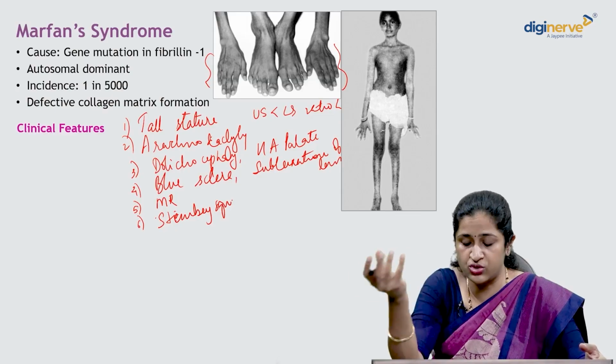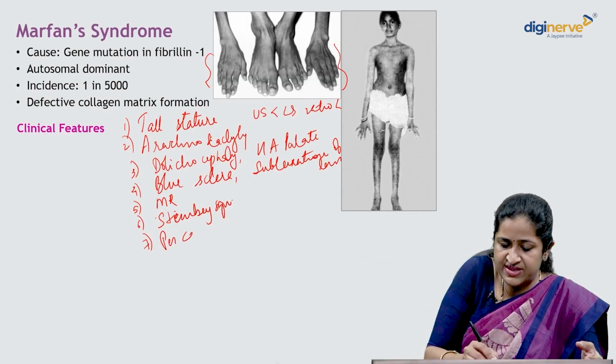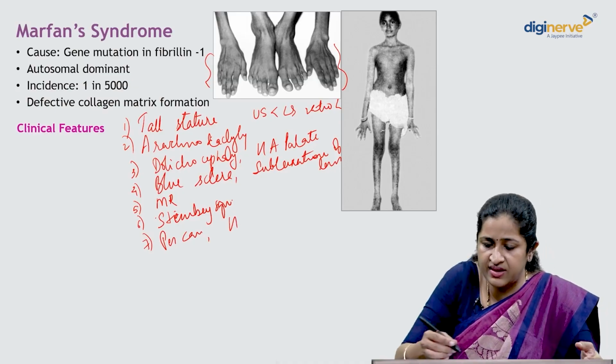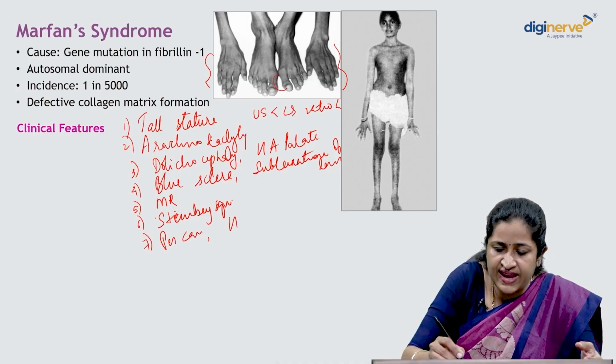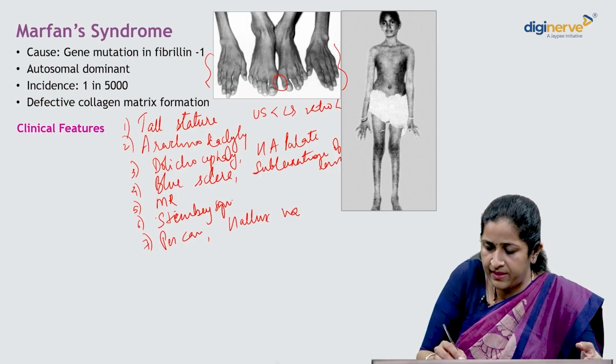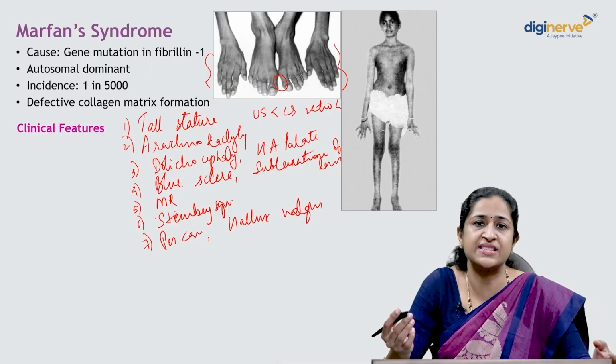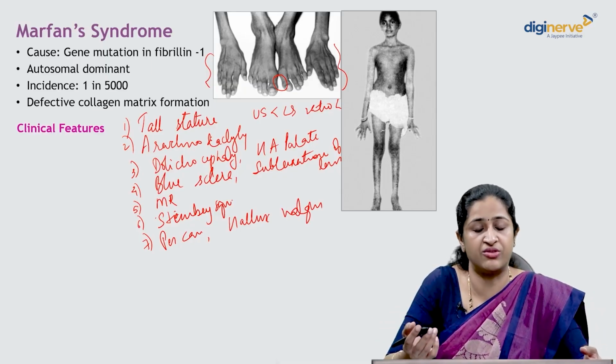You can have kyphoscoliosis, pes cavus, hallux valgus, which you can see here, and dental malocclusion.